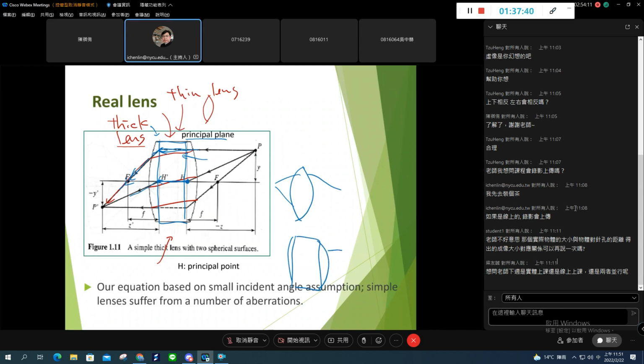Yeah. So this is a thin lens, the real cases. And however, for the real cell phone camera you use, or the Sony or Canon camera you use, it is actually composed of multiple lenses.